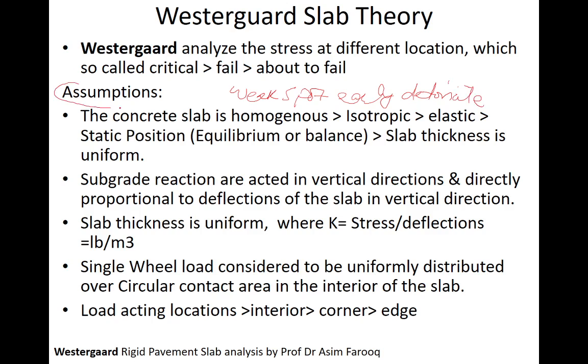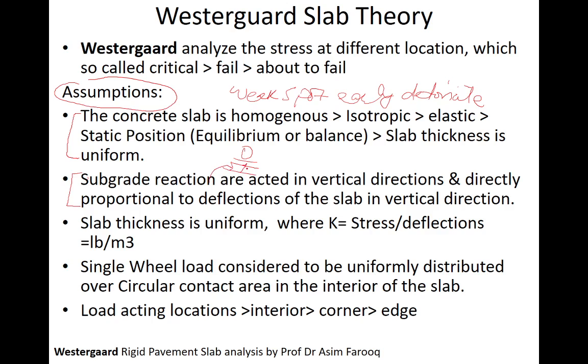The very first is that the slab is a homogeneous, isotropic, and elastic solid in equilibrium, and the slab thickness is uniform. The second is that the subgrade reactions are vertical only, which is proportional to the deflection of the slab in the vertical direction.